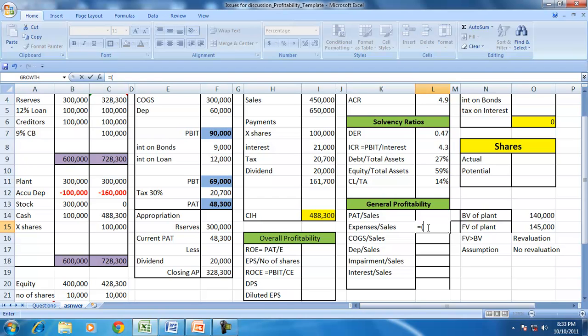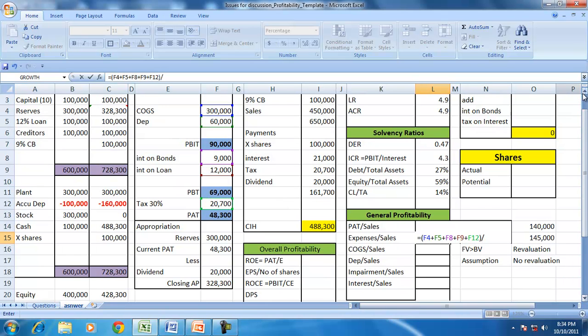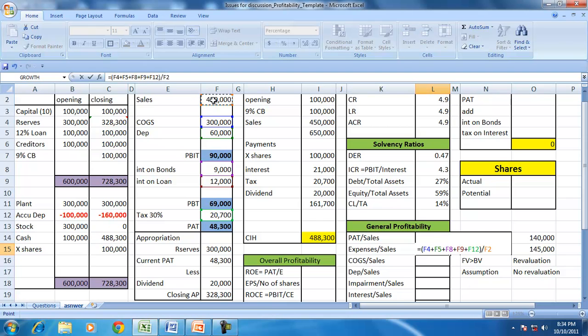Expenses here is the COGS plus depreciation plus interest on loan plus the tax divided by sales, and the sales was 450,000.